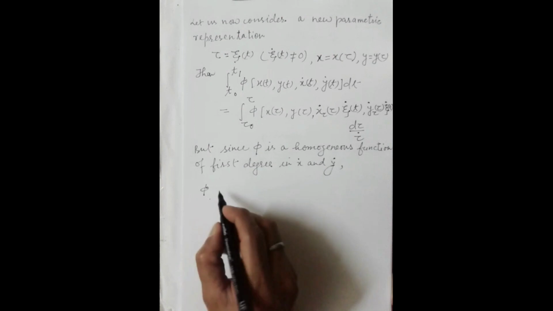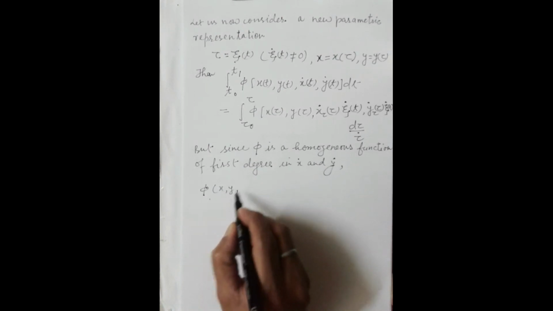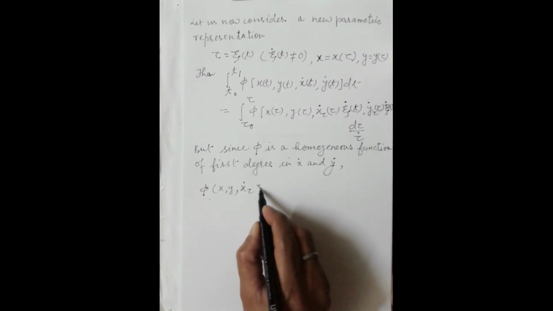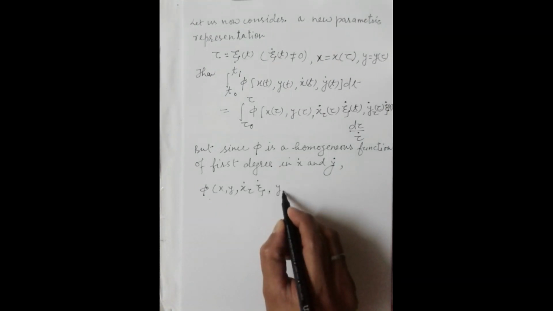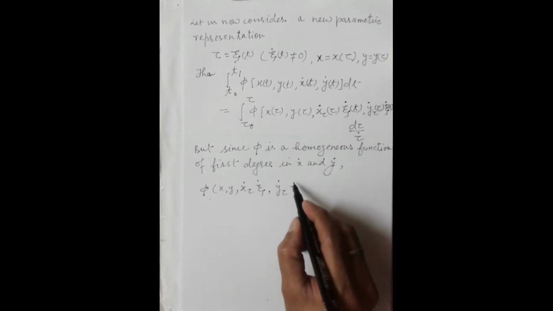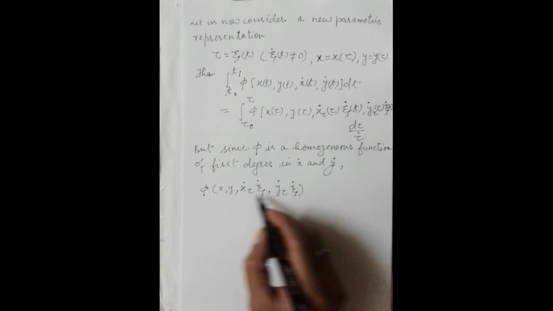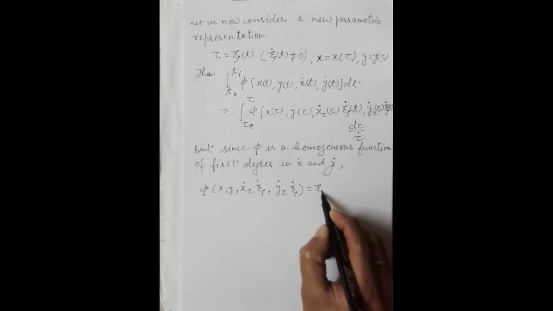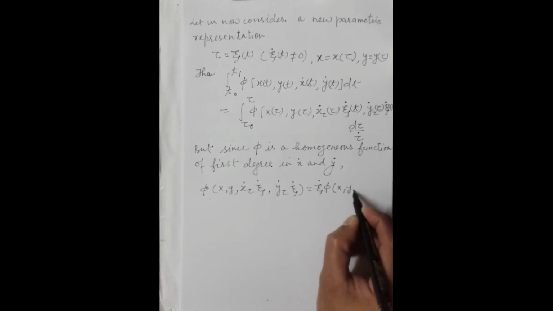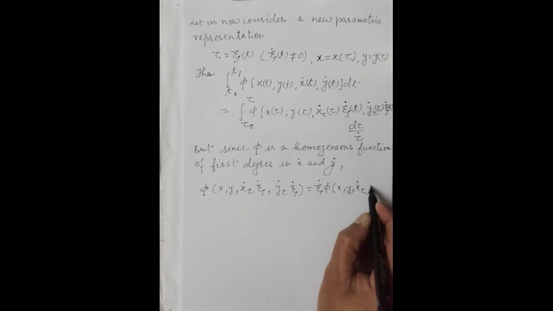so phi(x, y, x tau dot xi dot, y tau dot xi dot) is equal to xi dot phi(x, y, x tau dot, y tau dot).